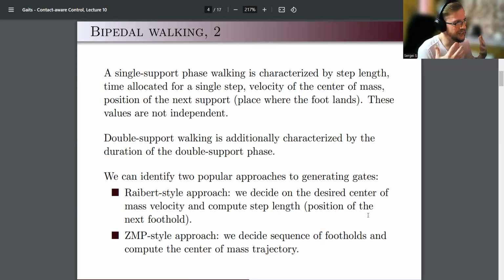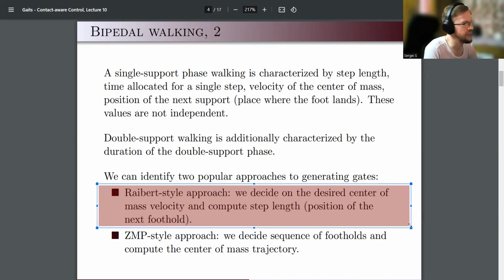So first, we decide where we're going to put our feet. Next, we compute the trajectory of the center of mass from this. So 2 different approaches. We are going to focus on this approach here, in this lecture. This approach is suitable for quadrupeds, and quadrupeds right now use this approach, right?